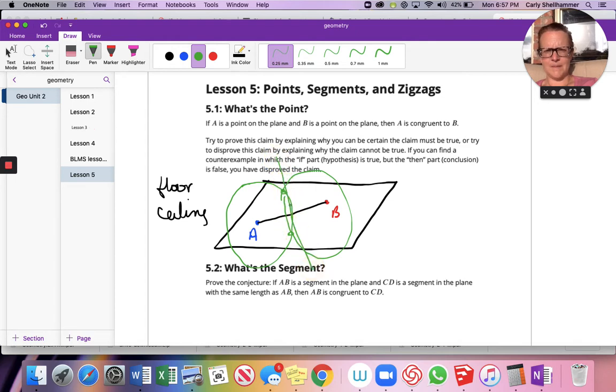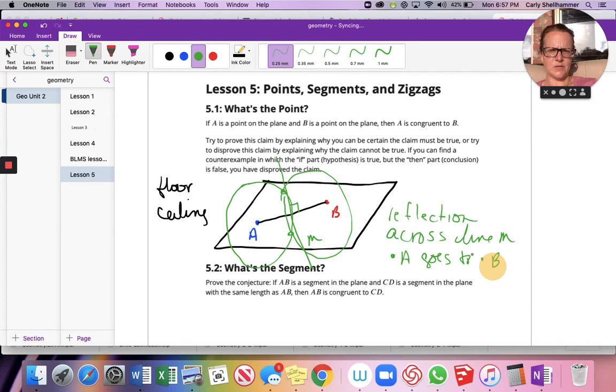I just made a perpendicular bisector of AB. A perpendicular bisector of segment AB. And then we can do a reflection across line M. Let me name that line M. And then A goes to B. Okay, so we could do a reflection also.